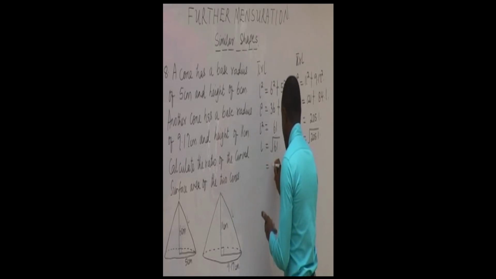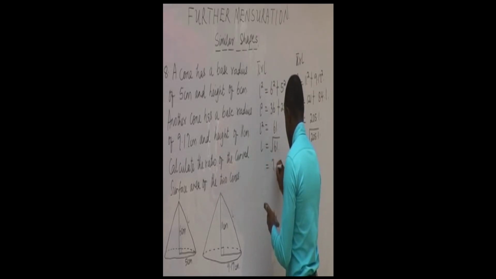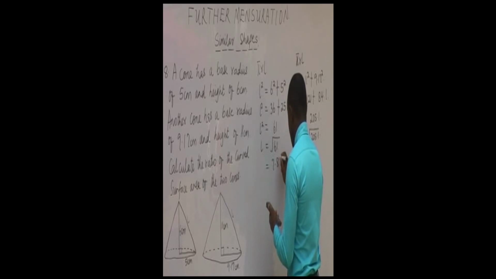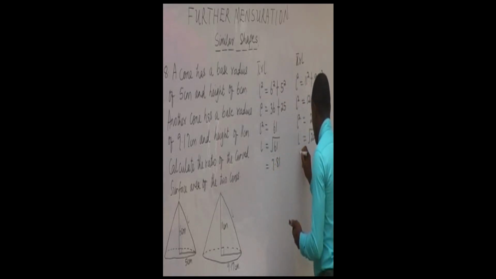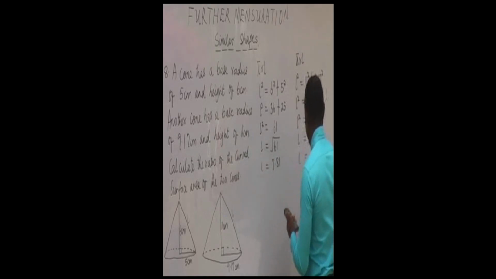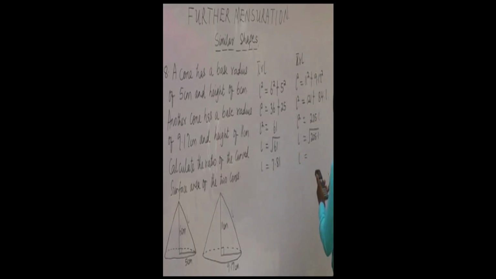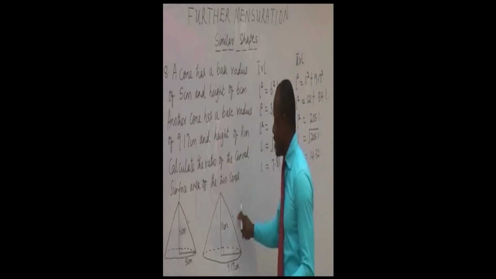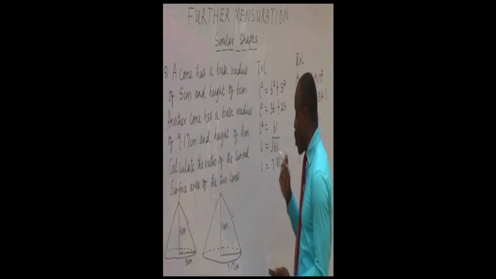That means our L here is 7.81. In this case, our L here is going to be the square root of 205.1, giving us 14.32 in 2 decimal places also. So these are the values of the slant height of the 2 cones.